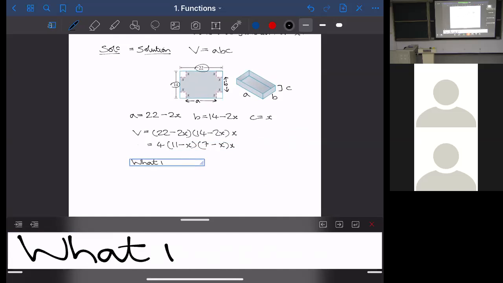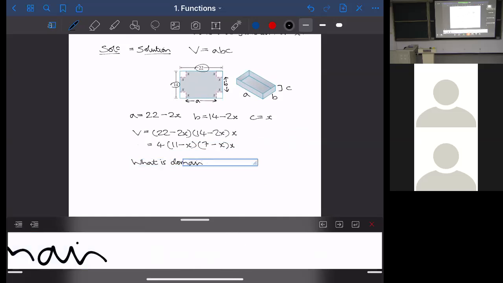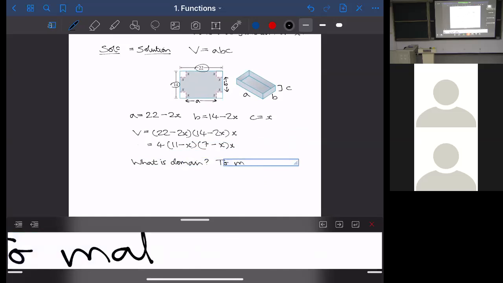So now what is the domain of the function? Well, I think if I'm going to make a box, its volume should be more than 0.